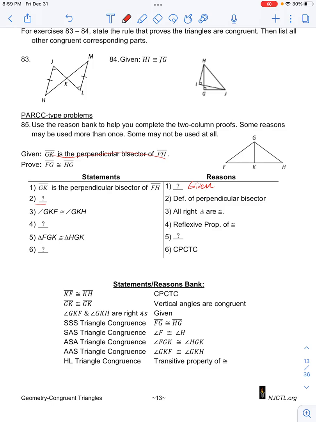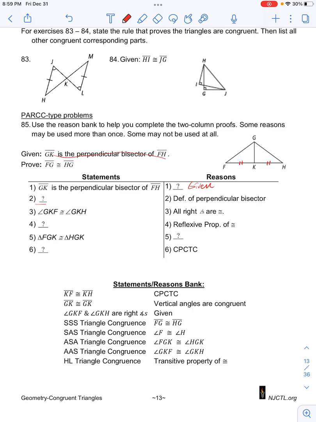Then 2, we're missing the statement, so if we were to use the reason that the definition of a perpendicular bisector, this would mean that we would have to prove that there's some relation between this FK and KH over here.